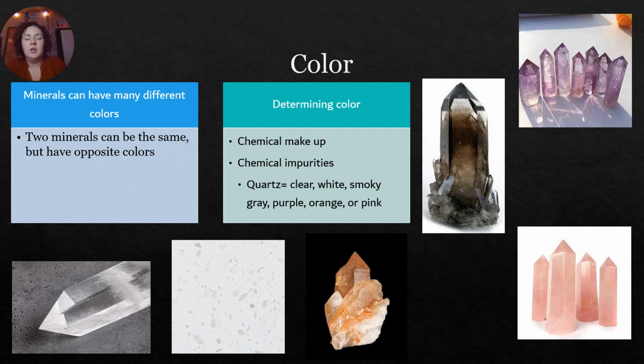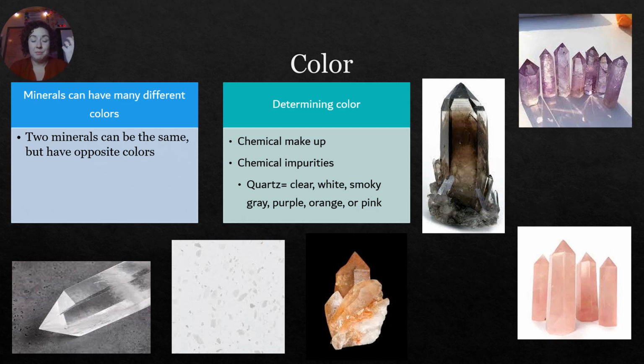So what determines the actual color of a sample? Well, chemical makeup. Silica quartz tends to be clear, but then if you have impurities within it, it starts turning different colors. So my sample of quartz is either going to be clear quartz like this or milky quartz, where it looks a little more cloudy. If you look down at this picture, that middle portion would be like a milky quartz.